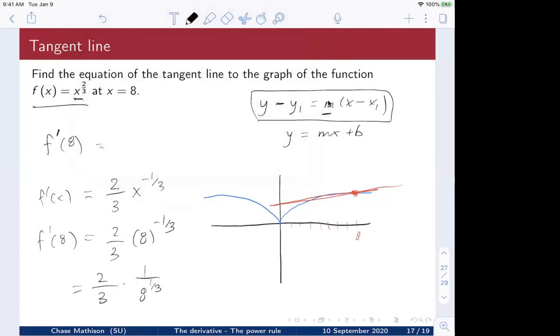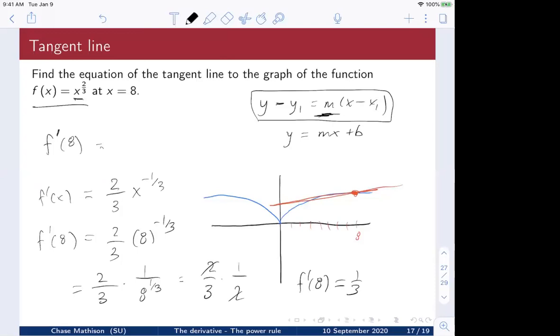So what's 8 to the 1/3? 2. Perfect. So this is 2/3 times 1/2. So f prime of 8 is equal to 1/3. So now I have m, and now I just need a point on the line.